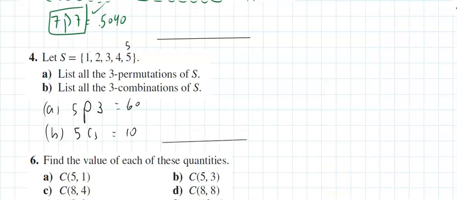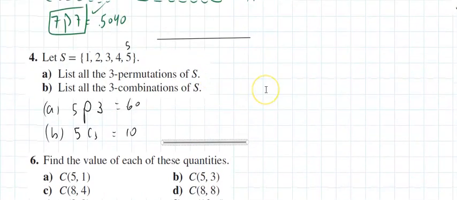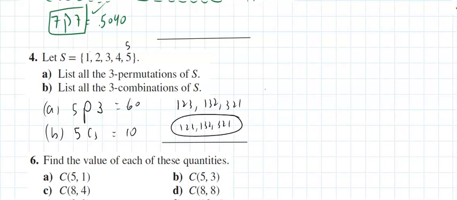So when the order matters, there are more choices. When the order doesn't matter, they count the same. For example, 1, 2, 3, 1, 3, 2, and 3, 2, 1 are 3 different orderings because the order matters. But 1, 2, 3, 1, 3, 2, and 3, 2, 1 are all the same when the order doesn't matter.